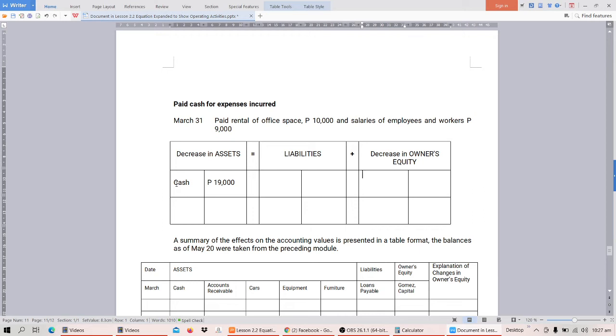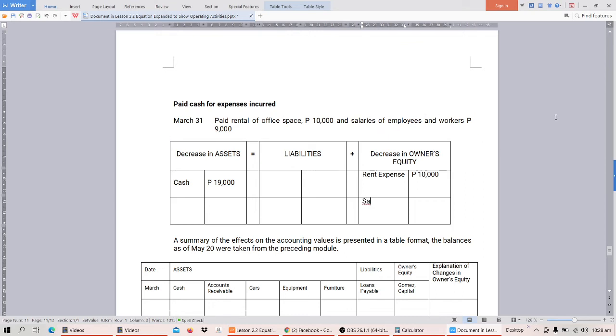The first one is rental of office space, so this would be rent expense amounting to 10,000, and the salary expense since you are going to pay your employees and workers amounting to 9,000.